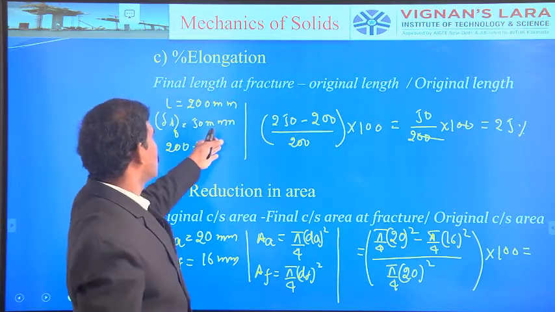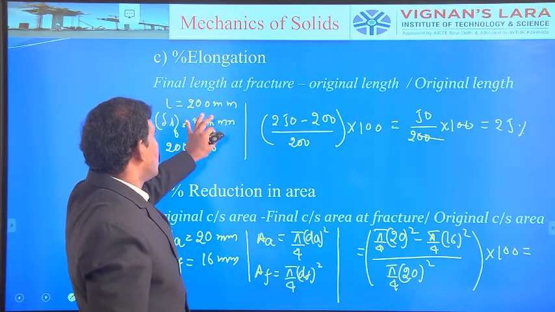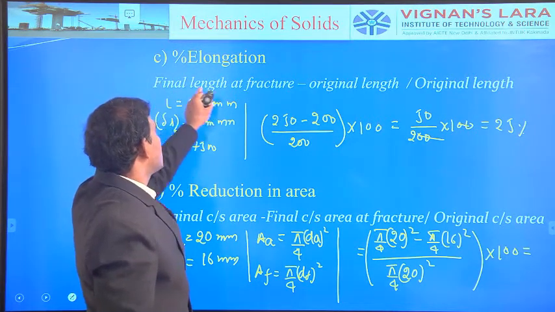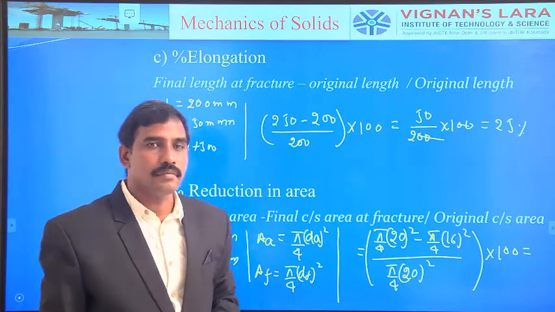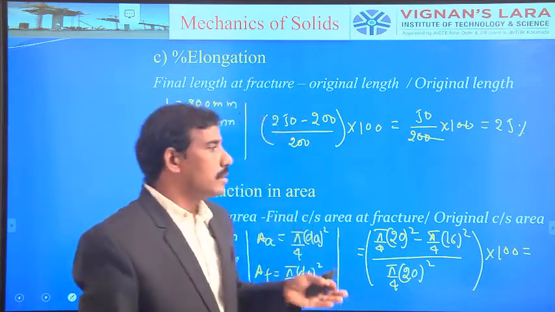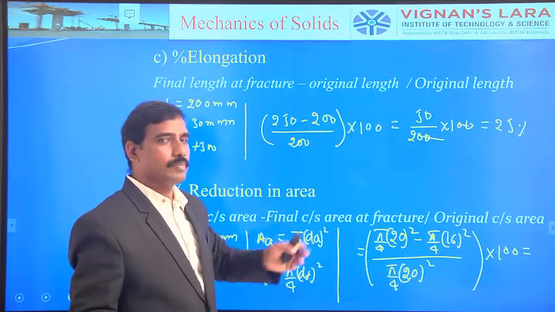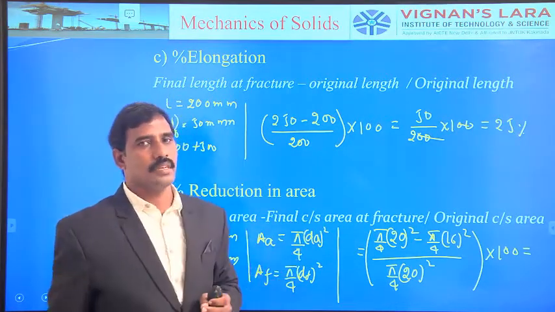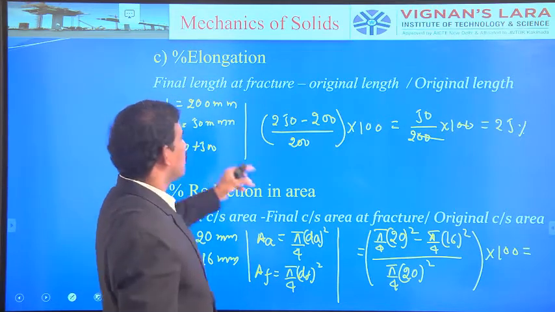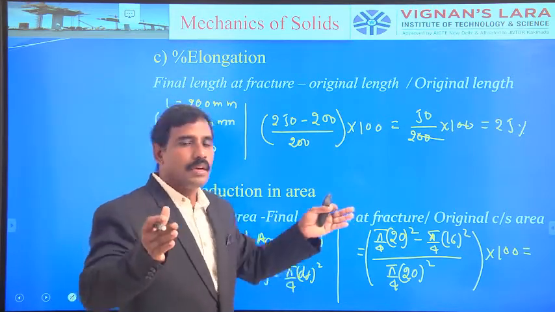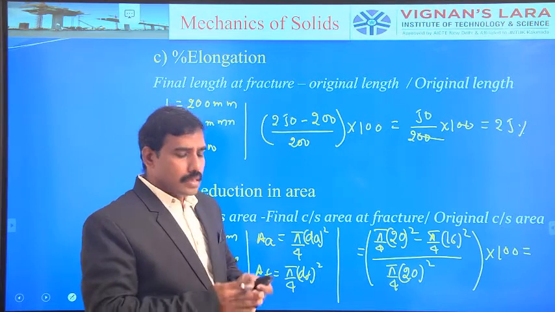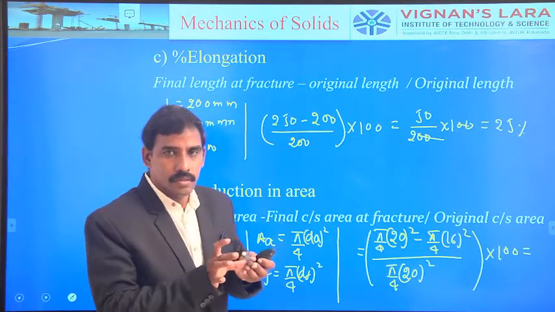In the first case, we know that. So here we remember one thing. What about the final length at fracture? Initially, the deformation with respect to length is 0.2 mm up to the limit of proportionality only. Whenever there is a fracture, if you measure the length of the specimen, initially it is 200 mm.